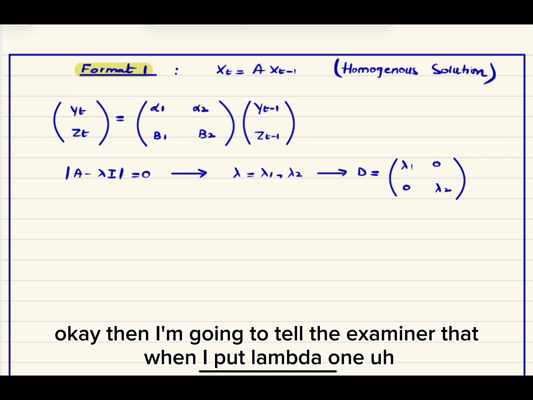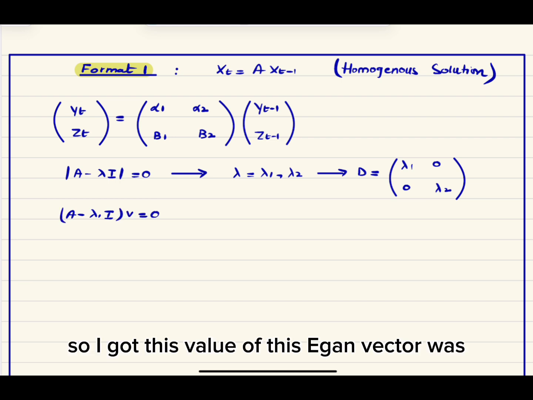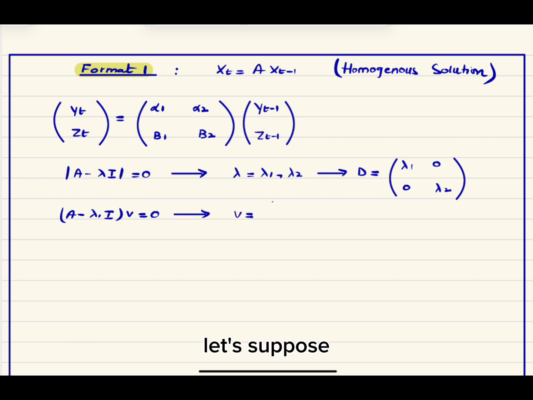Then I'm going to tell the examiner that when I put lambda 1 into this and solve it, I got this eigenvector, let's suppose (1, v). Just say this was v1.